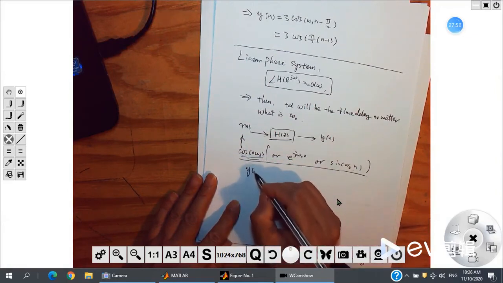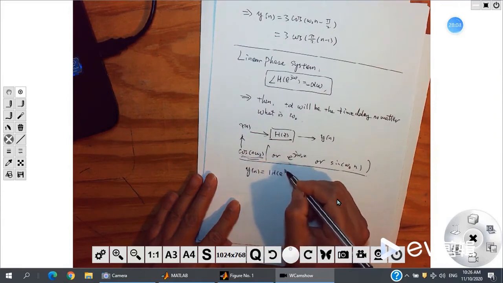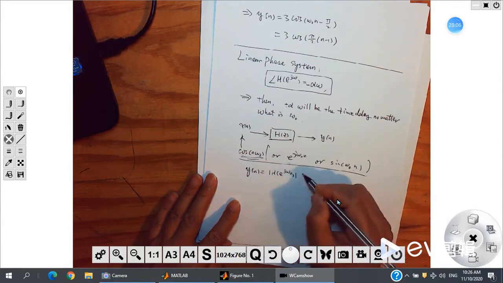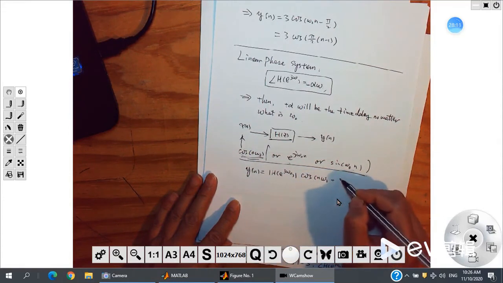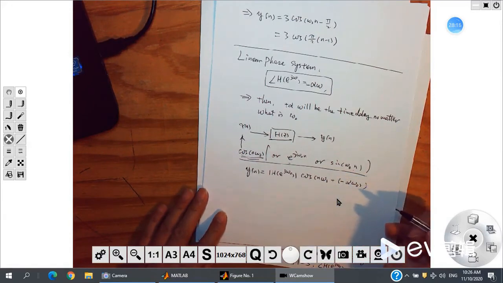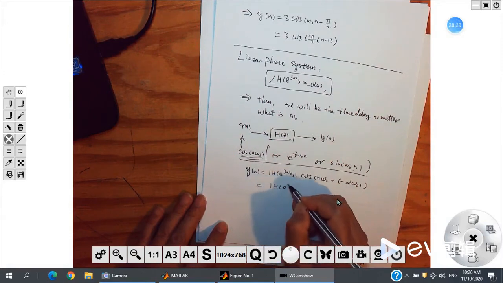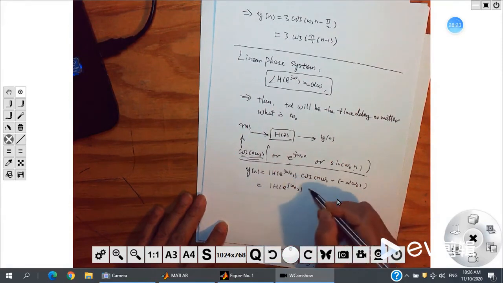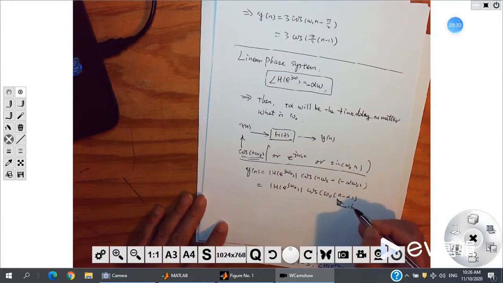The output will be the magnitude of H times cosine of n omega 0 plus the angle, which is negative alpha omega 0. Then we can write this as the magnitude of H at omega 0 times cosine of omega 0 times n minus alpha. So this is shifted by alpha.